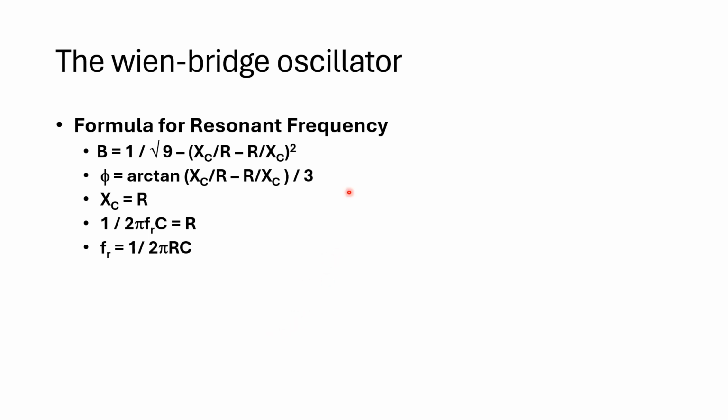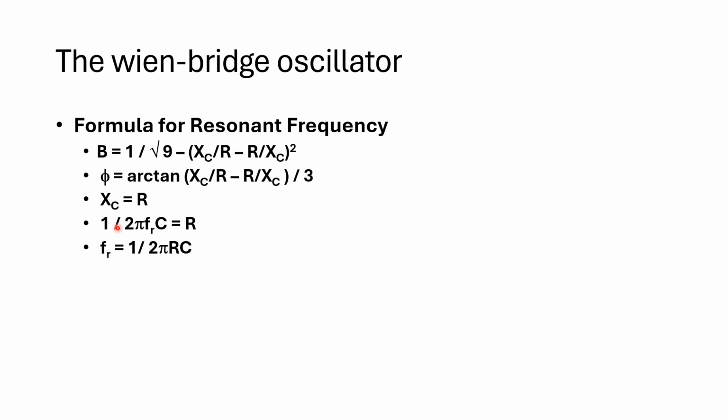By using complex numbers, the formula for the resonant frequency was derived. It is given by B equals 1 over the square root of 9 plus (XC over R minus R over XC) squared. The angle is the arctangent of (XC over R minus R over XC) divided by 3.